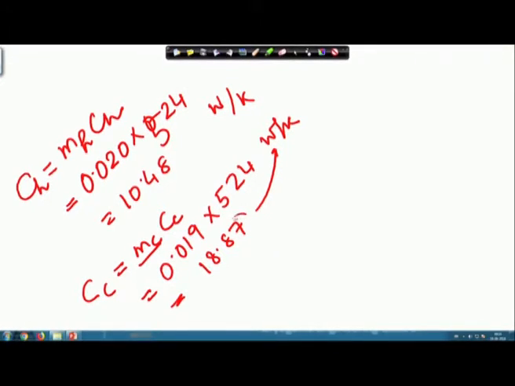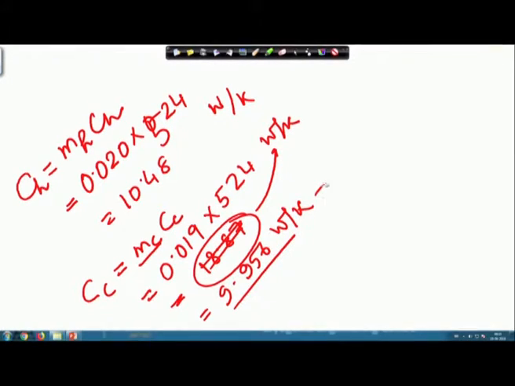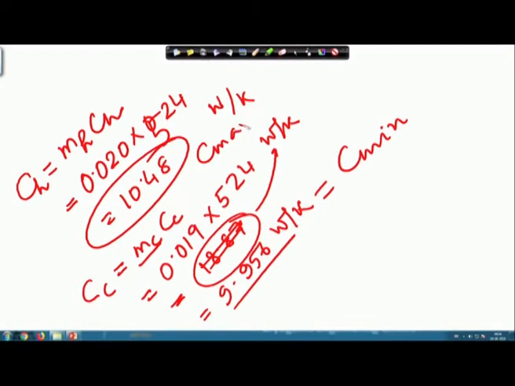Sorry, I am sorry, this is 9.956 watt per Kelvin. So, it is the C min and this is the C max. So, this value is the C max value and this value is the C min value.